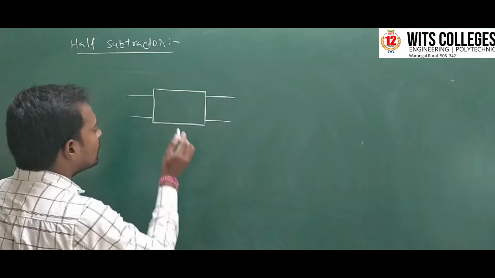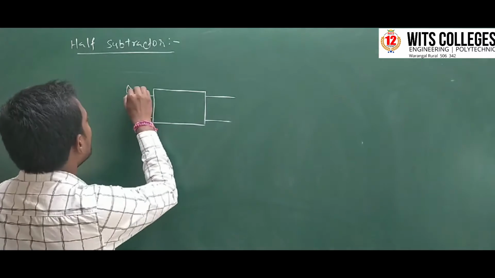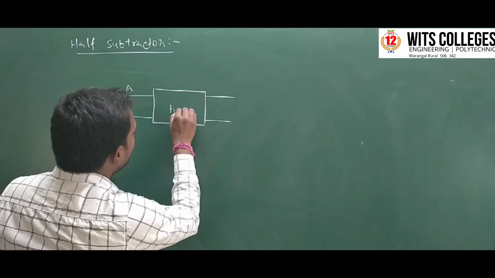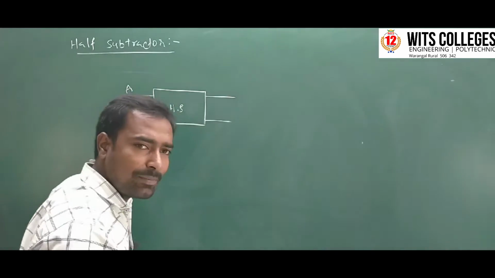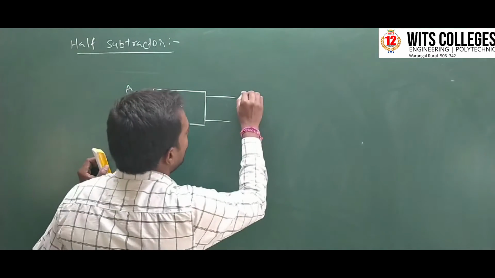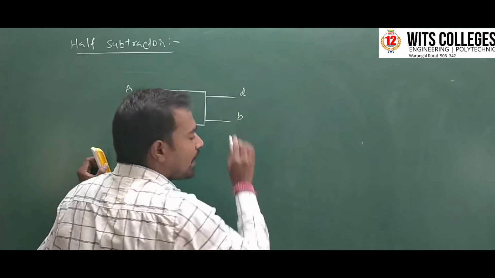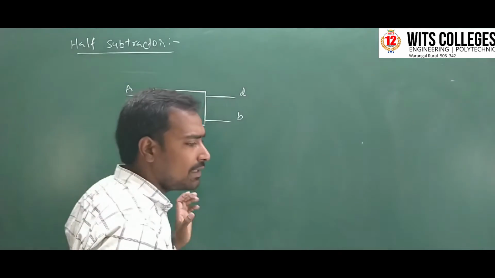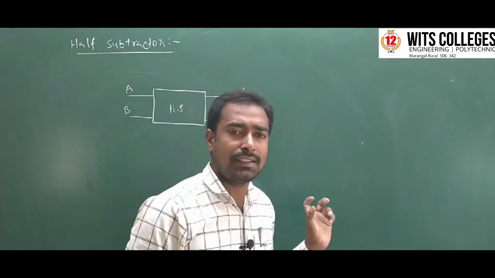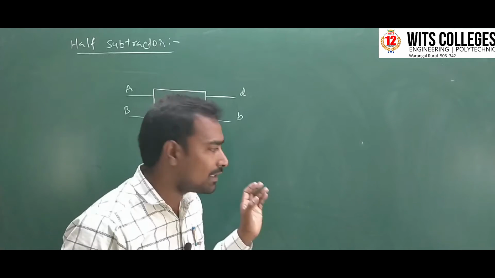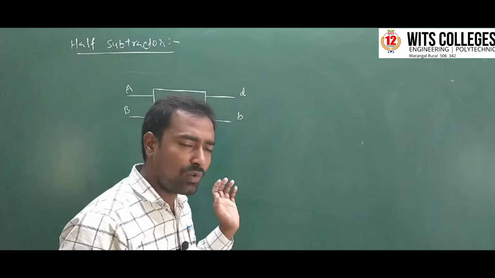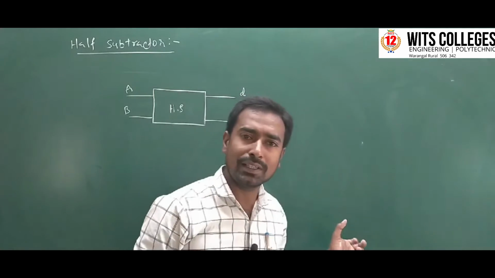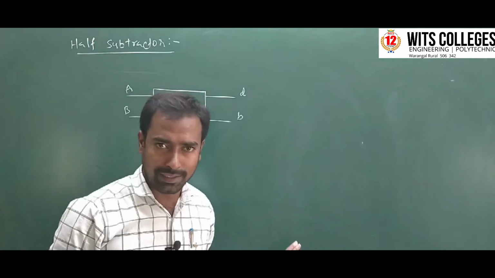Here I am giving two binary inputs, A and B, to the half subtractor circuit, and it gives the outputs difference and borrow. Here we are finding the difference between the two binary bits.